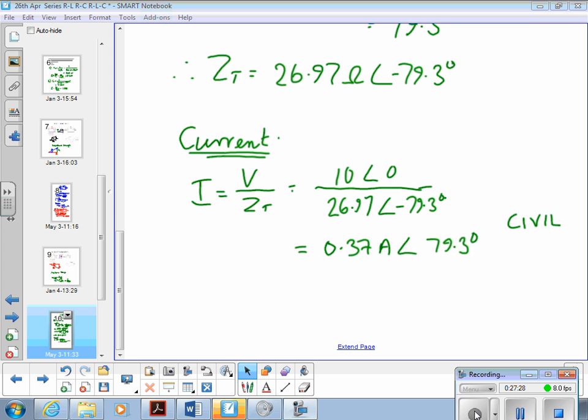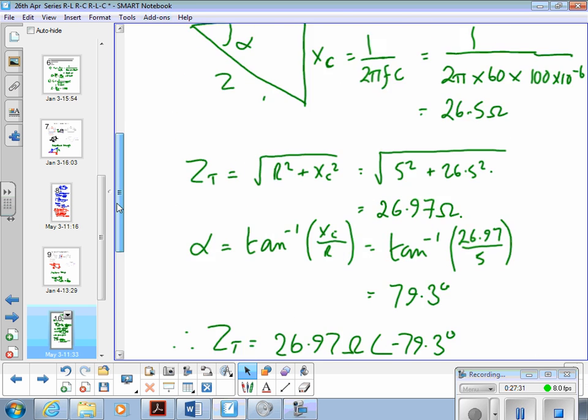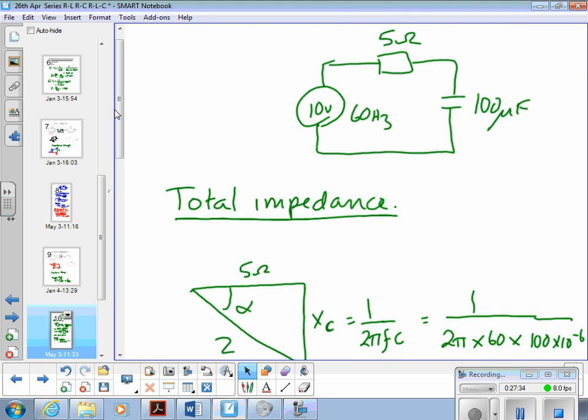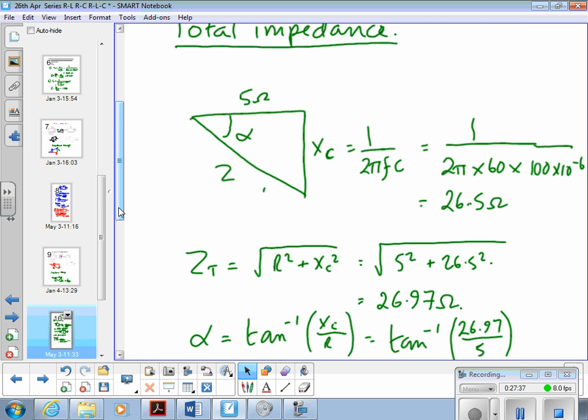Right. What happens here if I double the frequency? What happens to XC? What I'm trying to ascertain from you: think in terms of what happens to XC if I increase f, if I double it, make it 120.